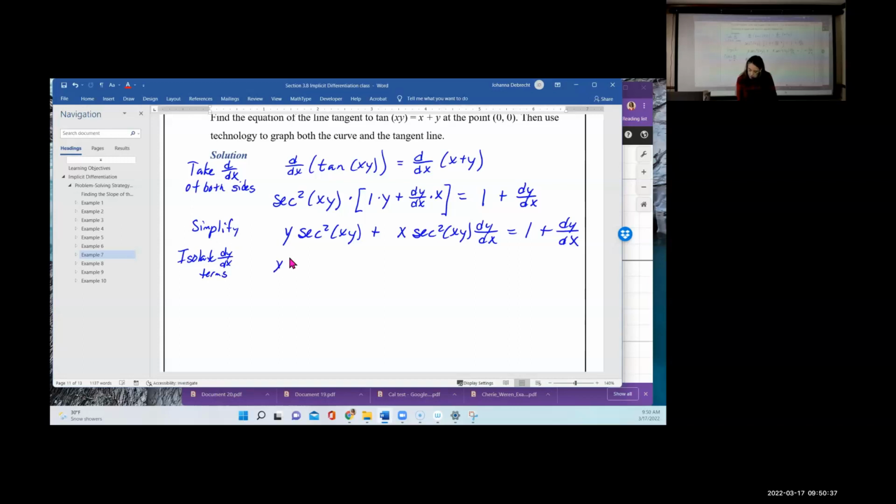Which would give me x secant squared of xy dy dx minus dy dx equal to 1 minus y secant squared of xy. The next thing is to isolate dy dx by factoring it out.